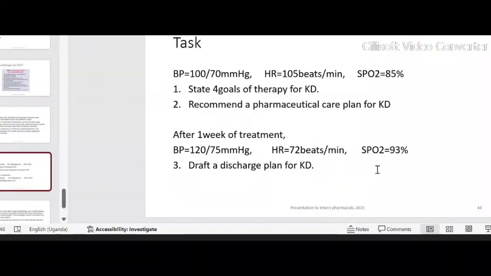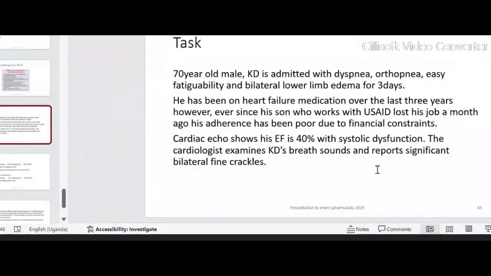Any other abnormal findings? Literally every finding is abnormal. Looking at the crackles, that means there is pleural effusion. Look at the BP, it's low. The heart rate is also high. The SpO2 means he's desaturating right now.